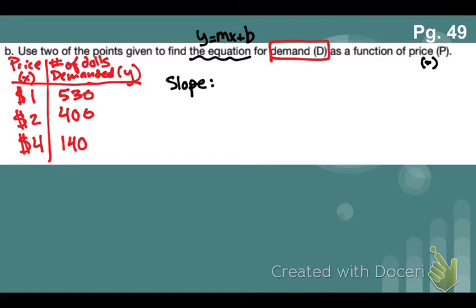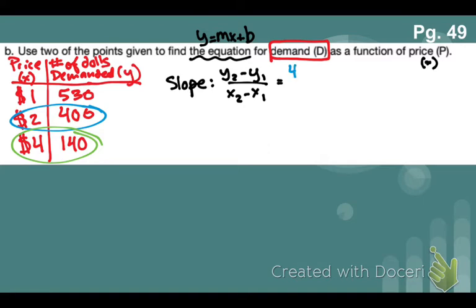What did we do first? What did you do first? Y2 minus Y1 over X2 minus X1. Okay, so we had 2 points, and Fabija says 400 minus 140. Oh, 530, okay. So we did 530 over 2 minus 1, which is negative 130 over 1.